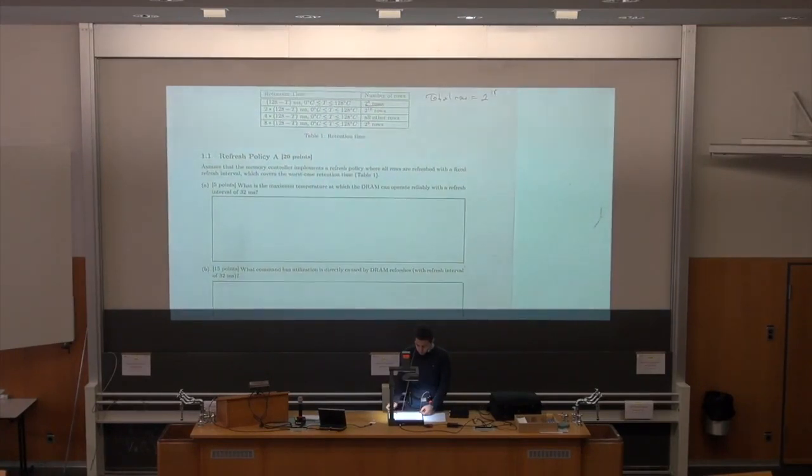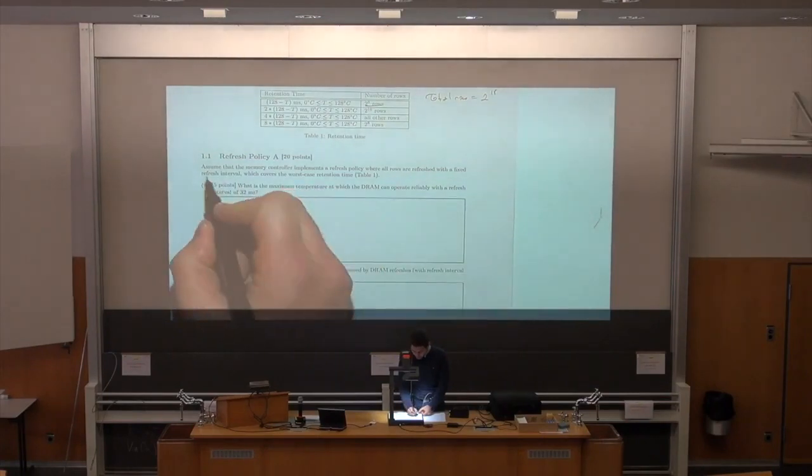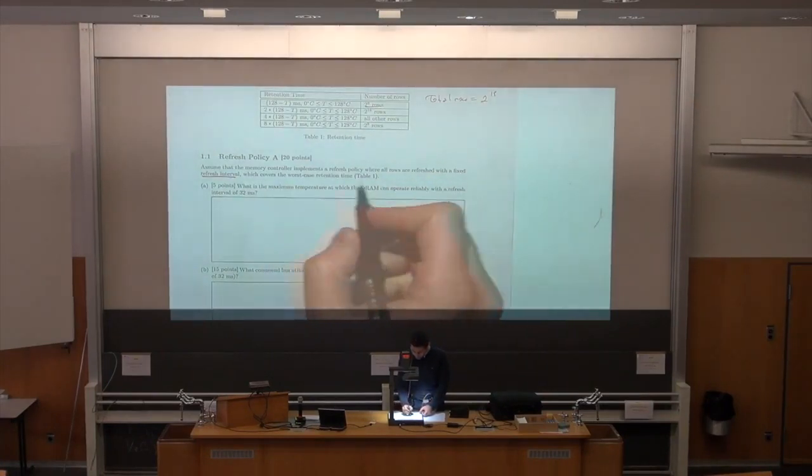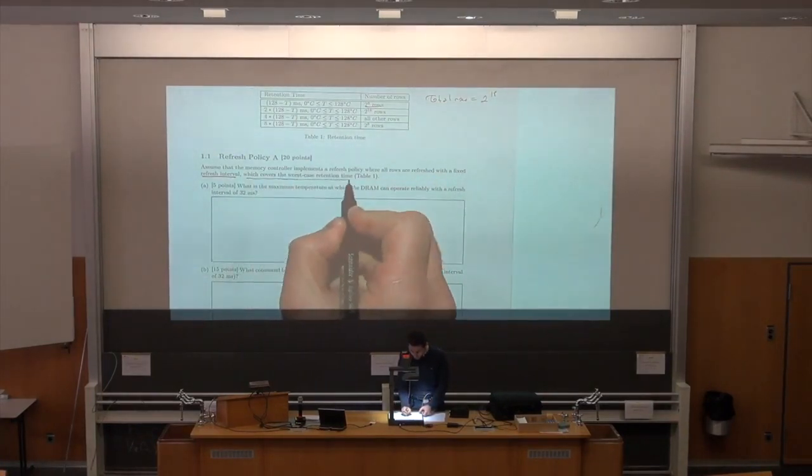We are given a refresh policy, which is called refresh policy A, and in that question we have a refresh interval which refreshes all the rows in a DRAM, which covers the worst case retention time. What does it mean?